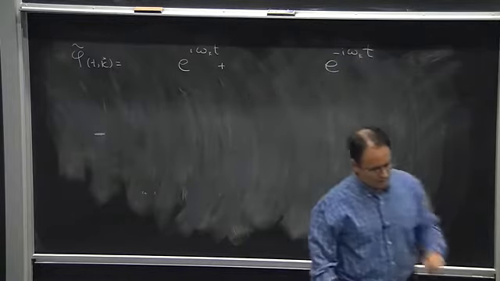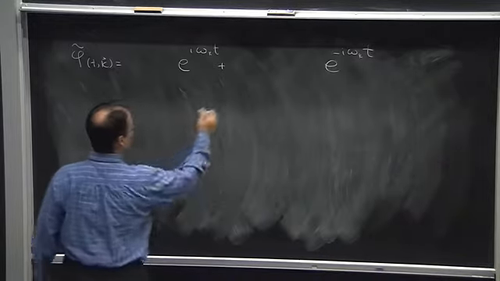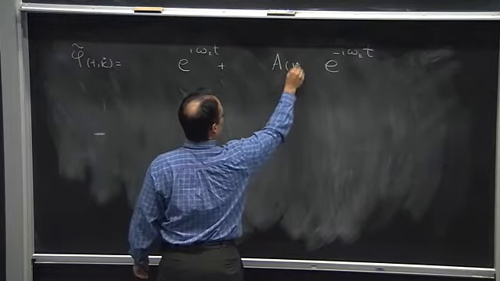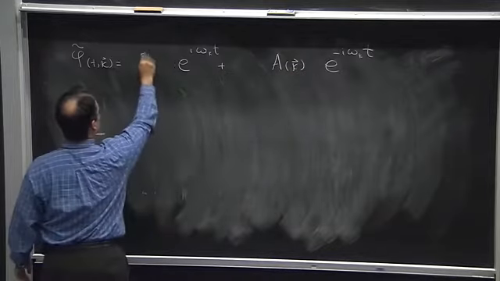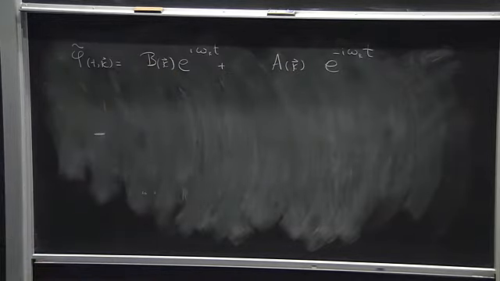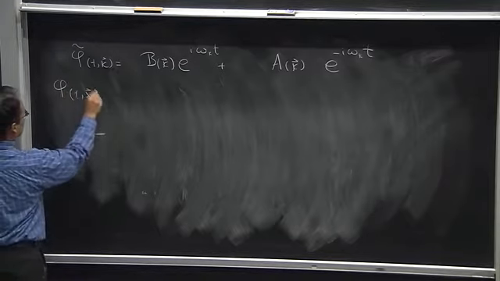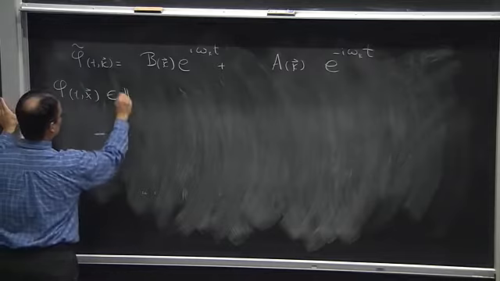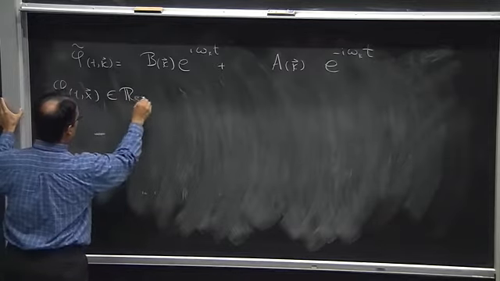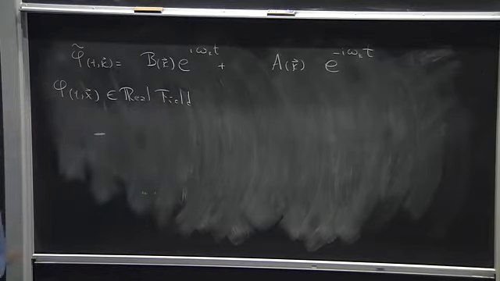Okay. Let me see my conventions. Well, at this point, let me call this one A of k and this one B of k. Okay. Now the field phi was real. Was a real field. Okay?